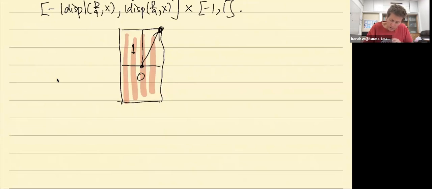And so what I can do now is define curly S to be all the lattices satisfying this property.